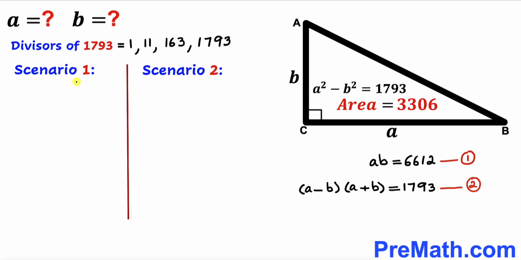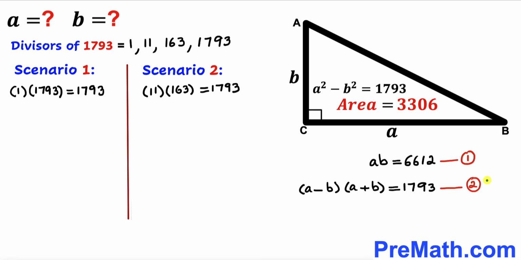In scenario 1, our number 1793 can be written as a product of 1 times 1793. For scenario 2, we can write 11 times 163 equals 1793.